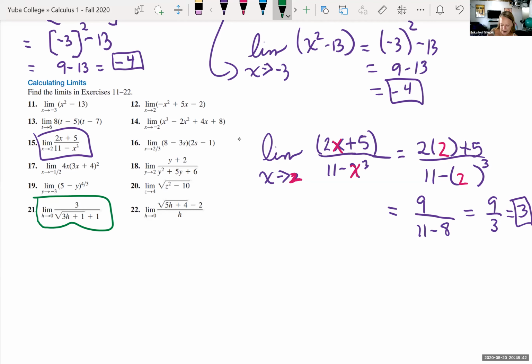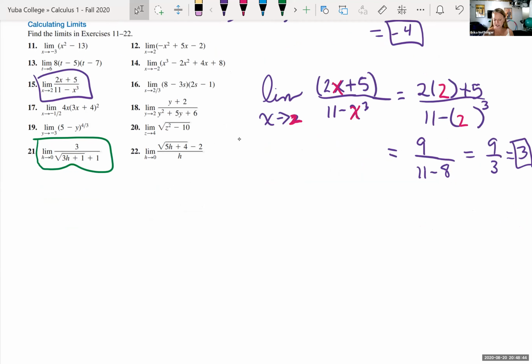You only see an h in this limit as h goes to 0 once in that expression. And so if we go back in here and we just replace h with 0, this would equal 3 in my numerator. All over the square root, I have 3 times that h, and then plus 1 under the radical, plus 1.